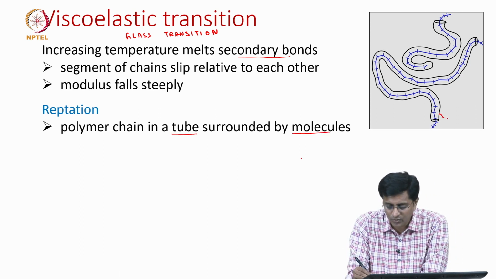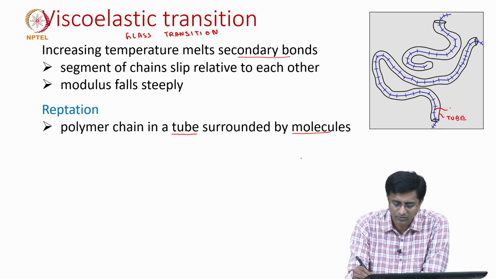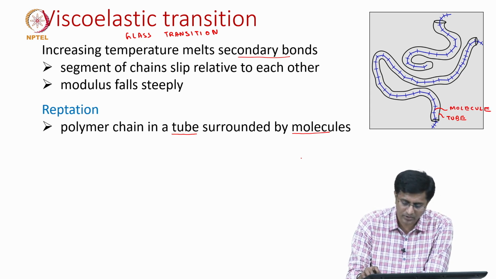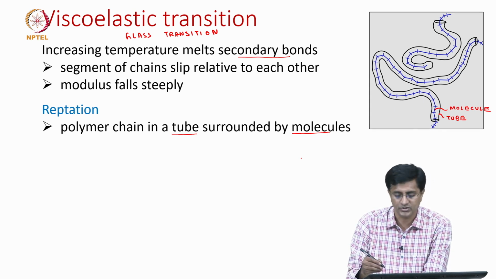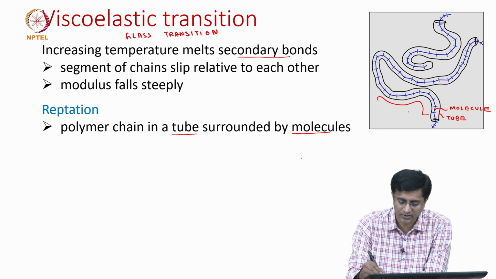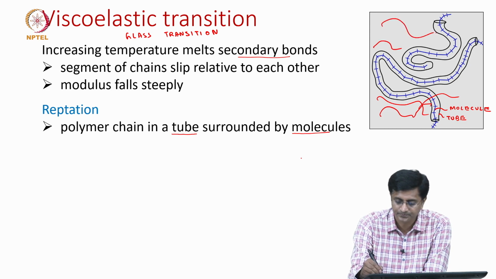So, this is the tube we are referring to and this is the molecular chain we are looking at. But what we say is we are discussing this molecular chain which is embedded in a tube, but it is surrounded by molecules, which means there are several other polymer chains, maybe crossing against it. So, these are all the polymer chains.